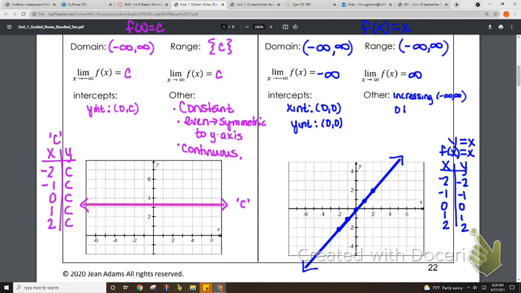Our function is odd because it's symmetric to the origin. It's unbounded. There's no bound to it. No local extrema, no asymptotes. We talked about the end behavior with the limits. And is it continuous? It is continuous.